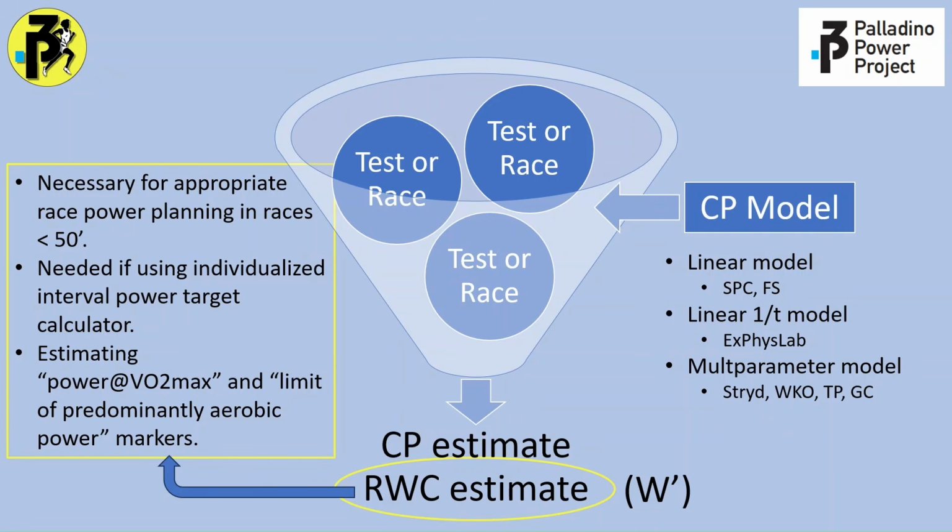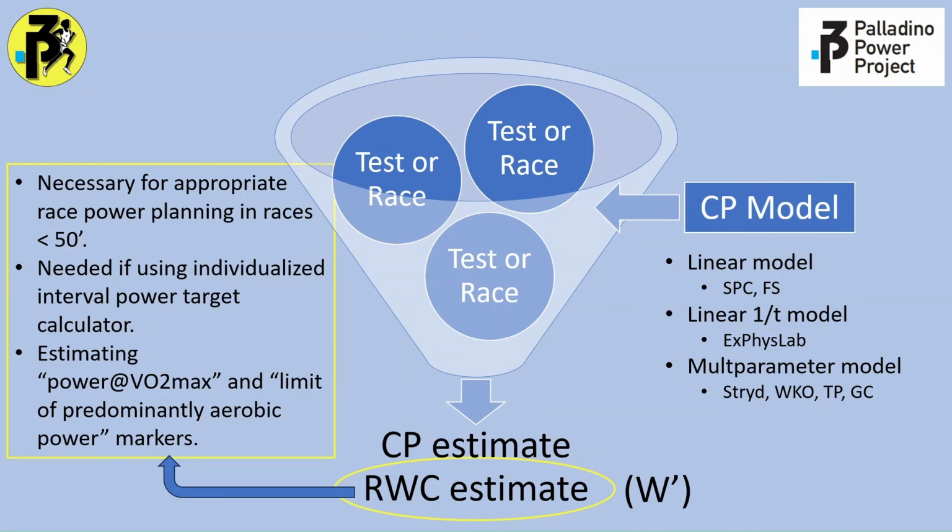That's the amount of work that can be done when running at an intensity higher than CP. So that amount of work will determine not only the power above CP, but also the duration for that power above CP.